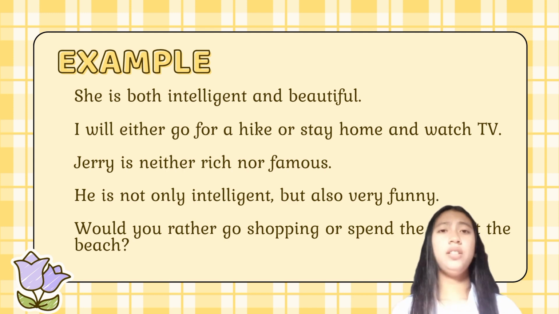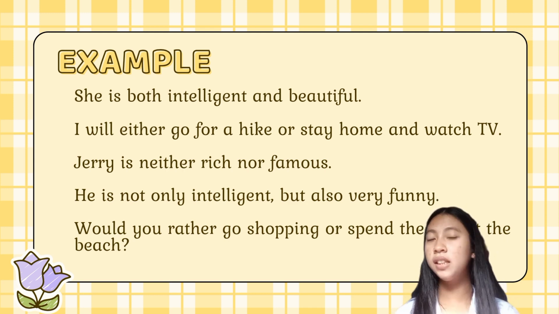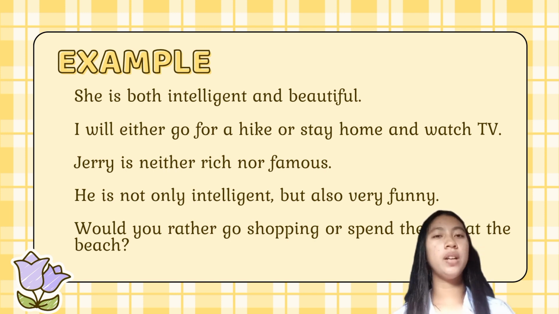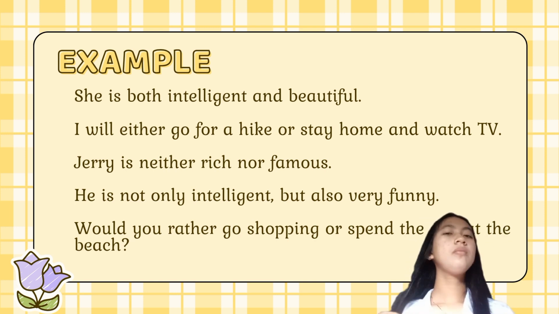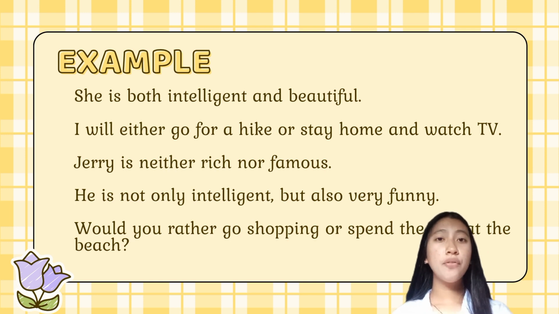Another, would you rather go shopping or spend the day at the beach? The correlative conjunction here is would you rather and or. It introduces a choice or preference between two equal options.